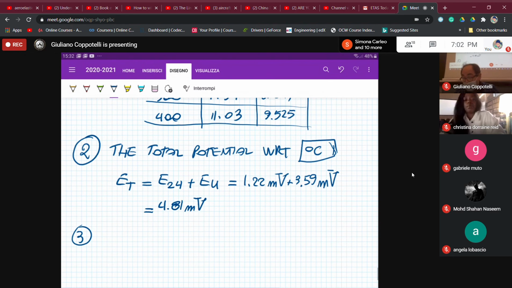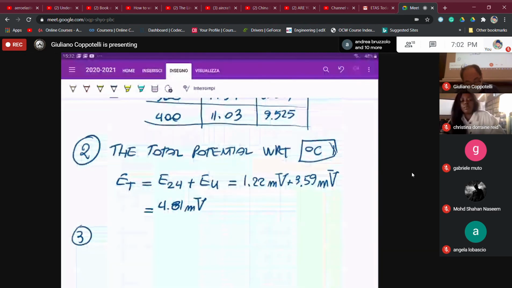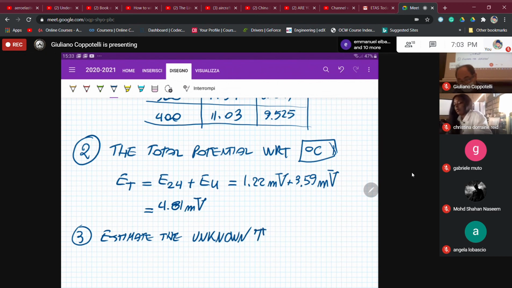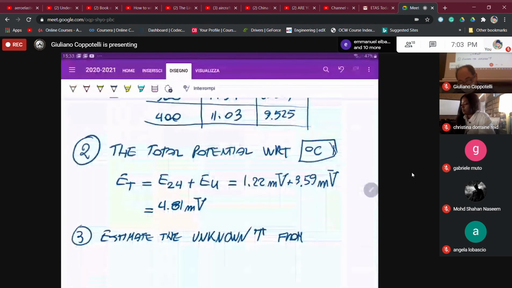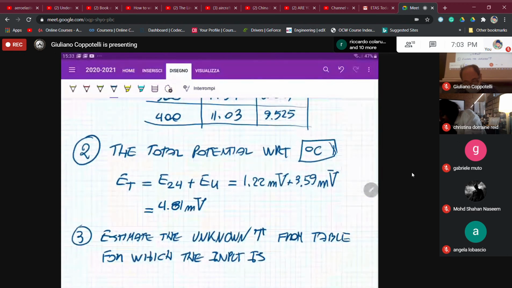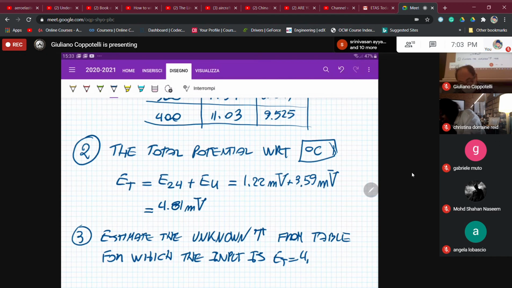The third step is to estimate the unknown temperature from the table, for which the input is ET equal to 4.81 millivolts.